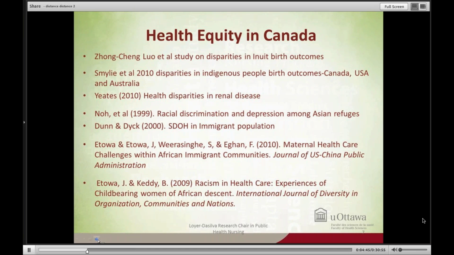I'm not going to go into each of these studies, but just to illustrate that even here in our own Canadian system, we're beginning to see these disparities. Some people describe this as disparities, others use terms like inequalities to describe the differences in health status. More and more in Canada we're using equity, because when you talk about equity, you're acknowledging and putting a judgment call on it: that is an unfair difference.